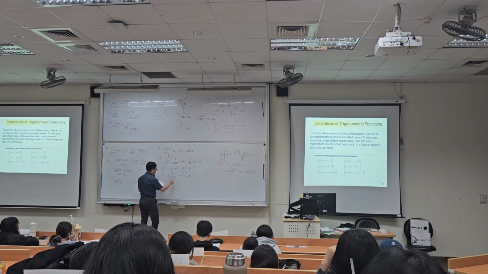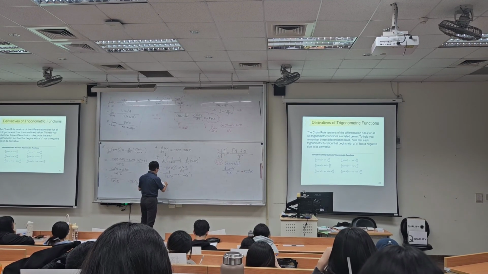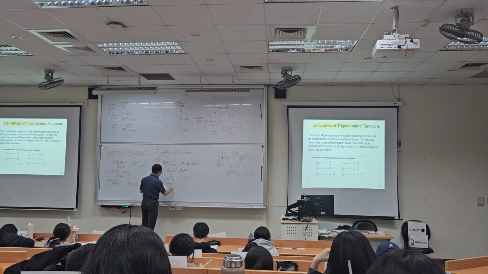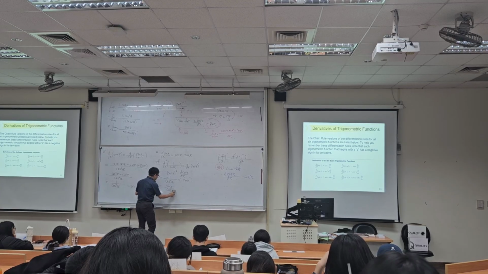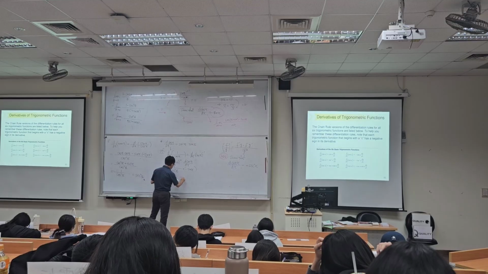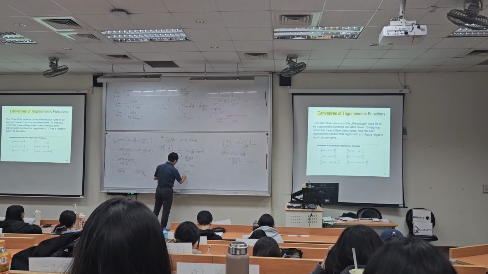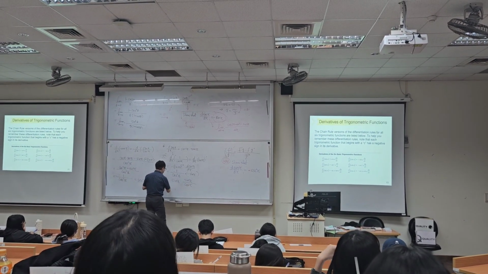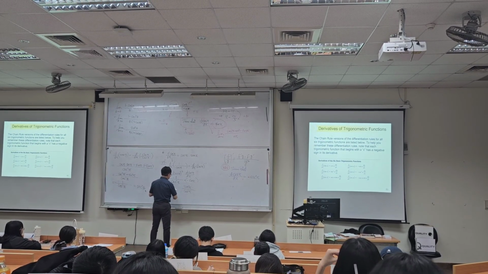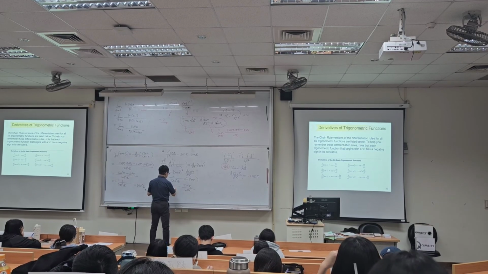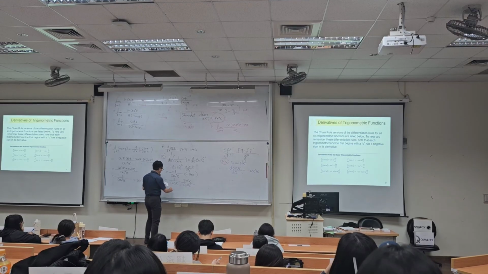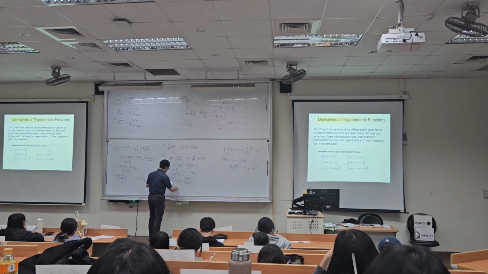So minus minus is positive, and I have sine x over cosine x squared, which is 1 over cosine x times sine x over cosine x. Yep, that's right. So I have secant x tangent x.